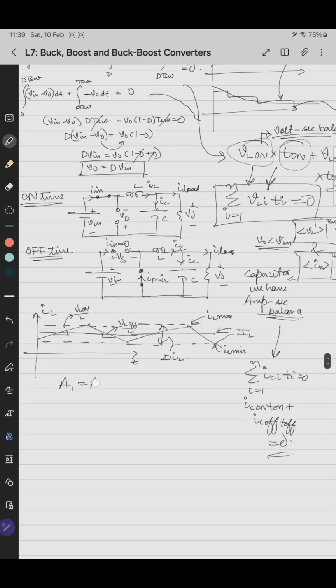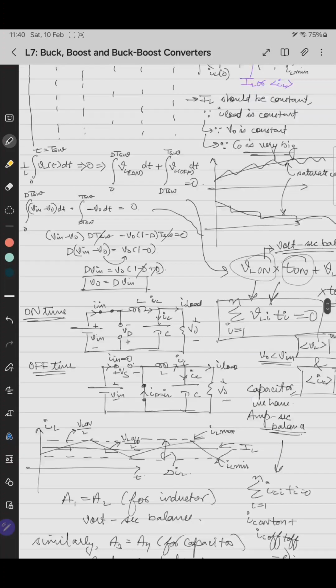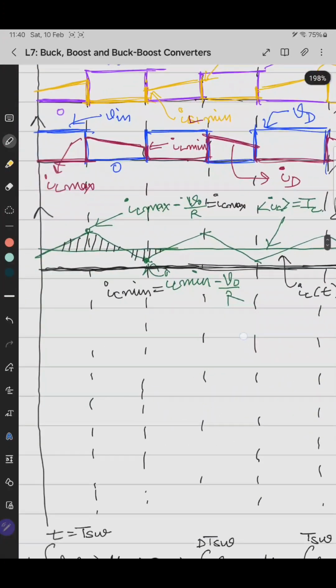So A1 equals A2 for the inductor using volt second balance. Similarly, A3 equals A4 for the capacitor using amp second balance, or you can write current second balance. So what is A3, A4? This should be A3, A4.